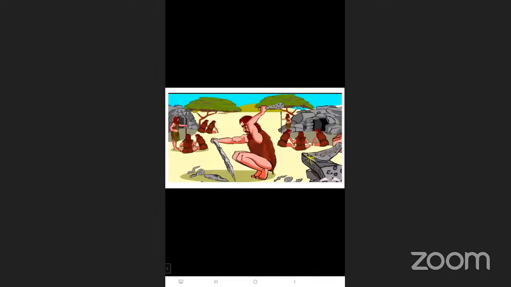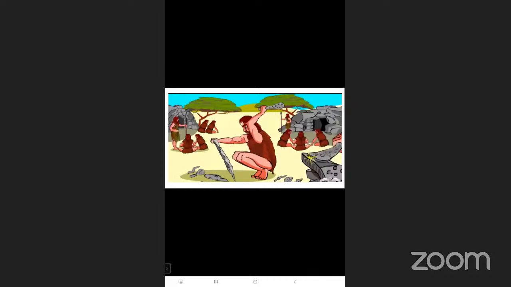So here, look at this slide. Early man used stones to make weapons, utensils, etc. He needed weapons to protect himself from wild animals and so on.